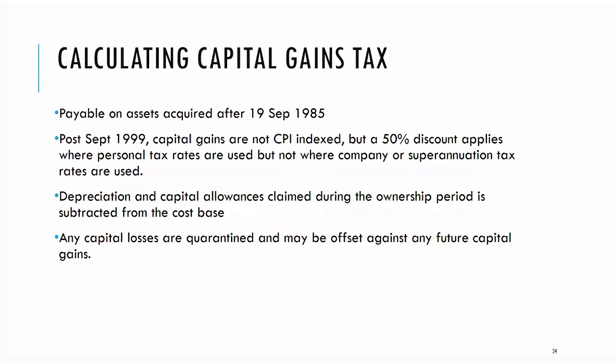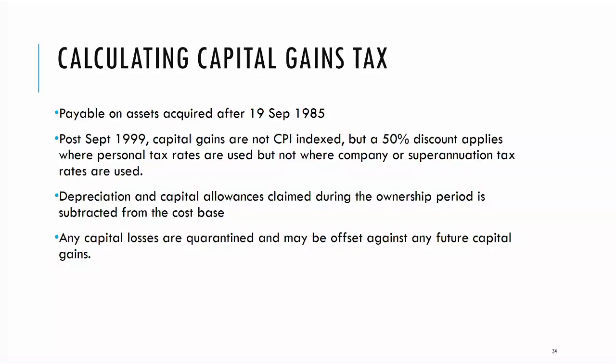Depreciation and capital allowances claimed during the ownership period are subtracted from the cost base. The cost base is important. When you calculate capital gain tax, you have to calculate the cost base. What is the actual cost of your asset or your property?